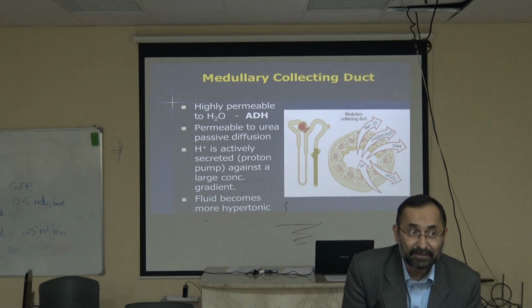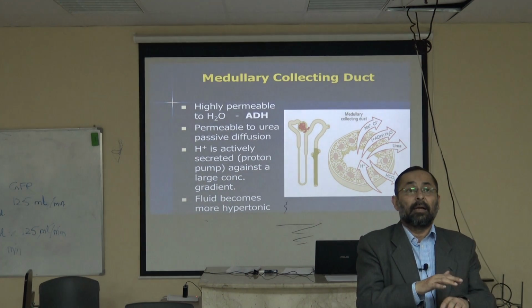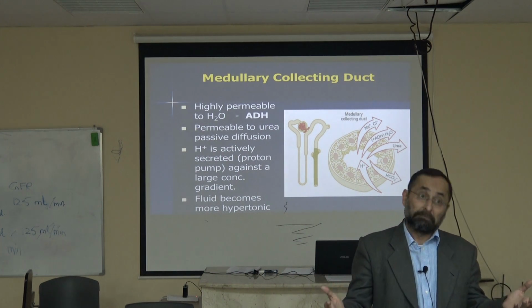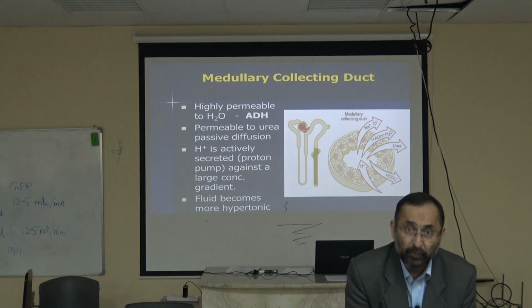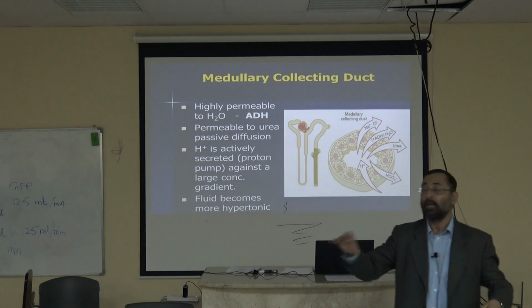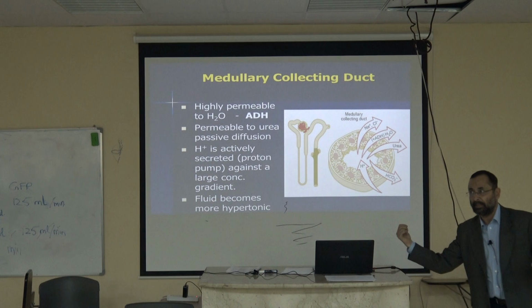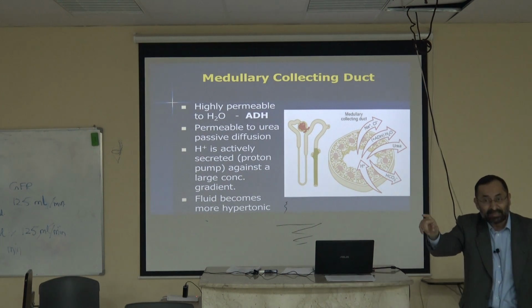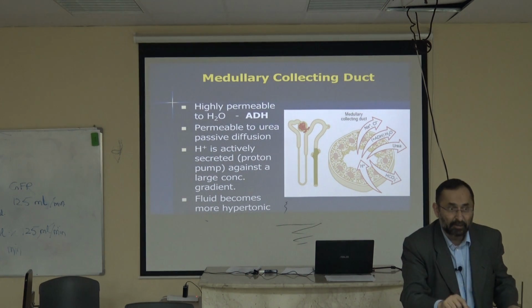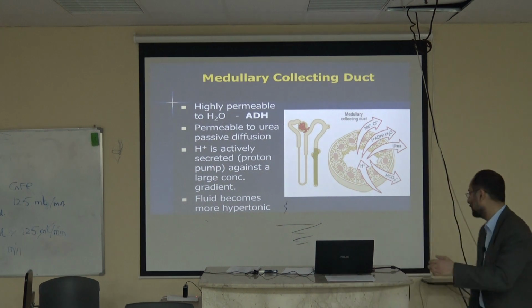Is it really helping us, or doesn't it have any function, or does it have any significance? We'll answer this question in one of the lectures. But remember, urea is reabsorbed significantly from medullary, not from cortical, not from late distal tubule, from the medullary, because the concentration now really increases.